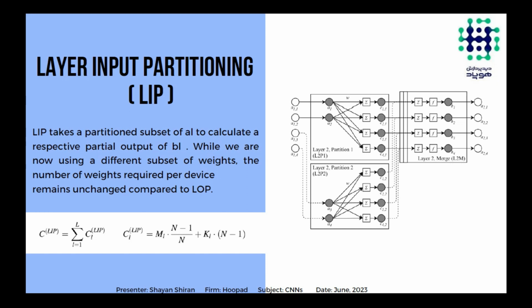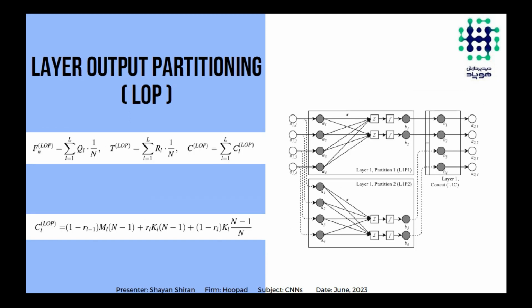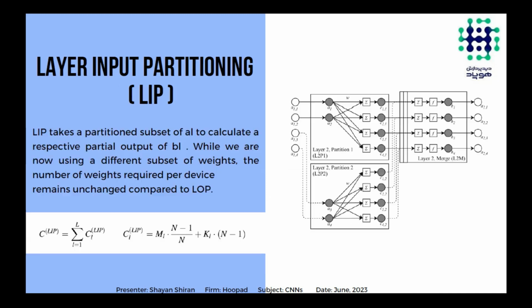In both LIP and LOP, F here is the same, and T is also the same. Just the communication overhead changes in LIP, and you can see its formula.